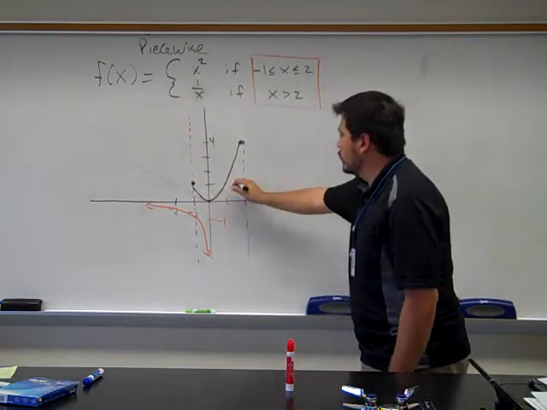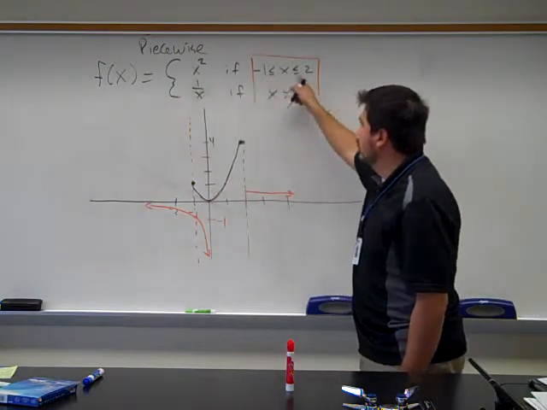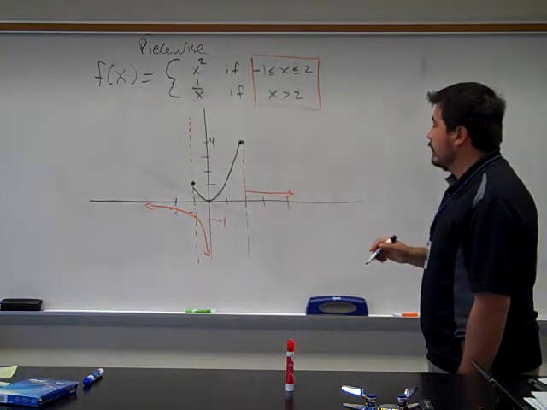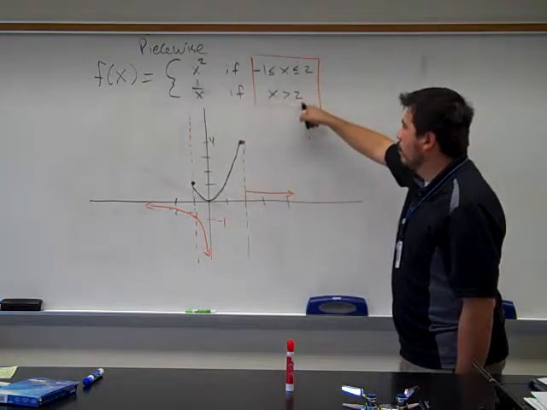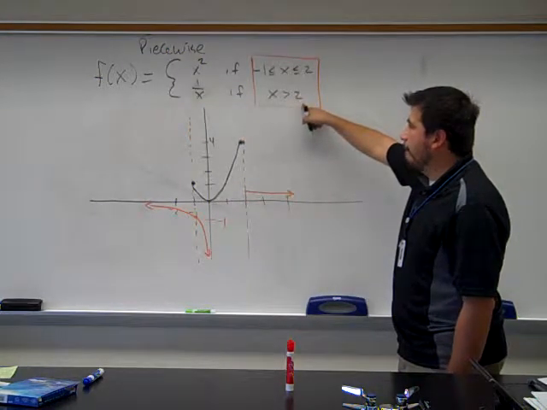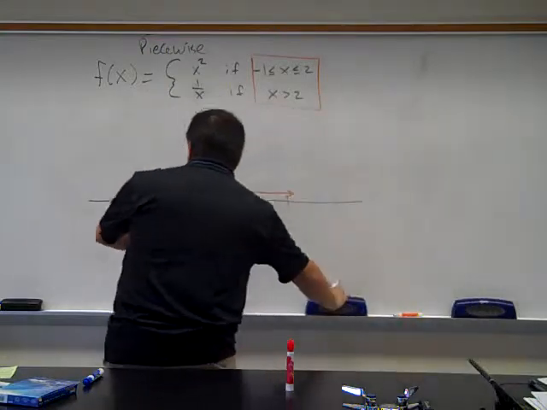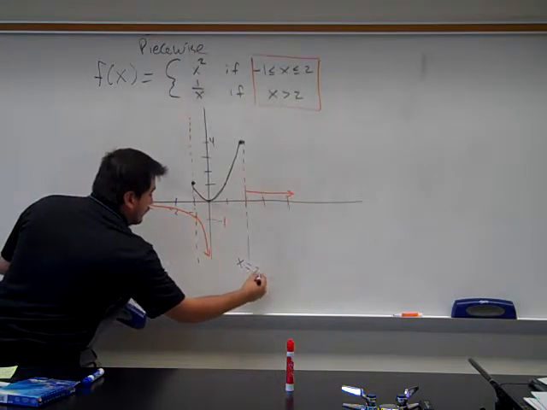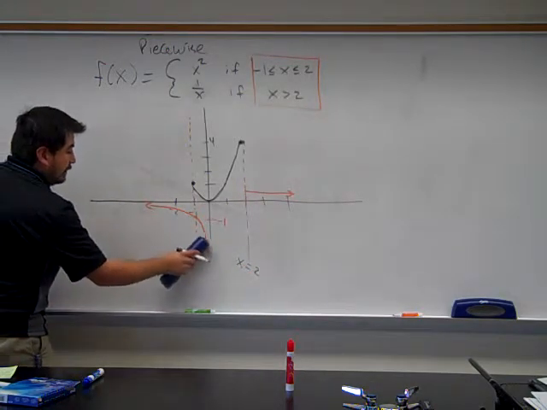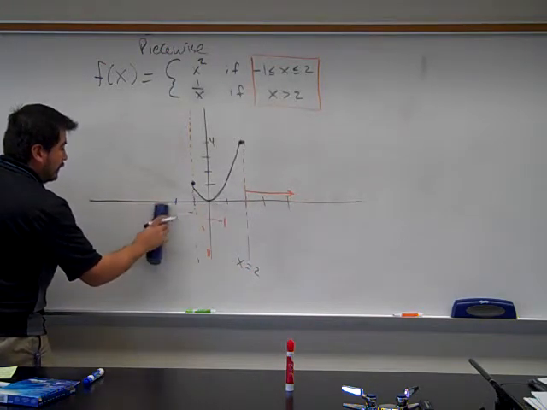So there's what the x squared graph looks like only from -1 to +2. So now what happens here? I want to use the reciprocal graph where x is greater than 2. Well, that's fine. That means that I don't want anything to the left of this x equals 2 line. So I don't want any of this at all.